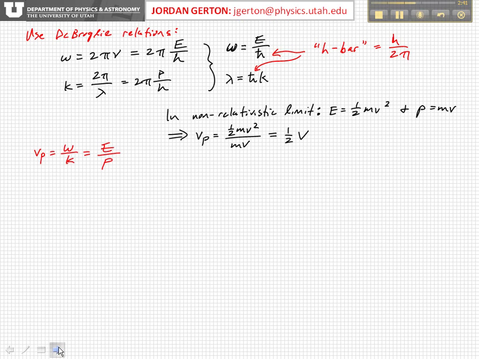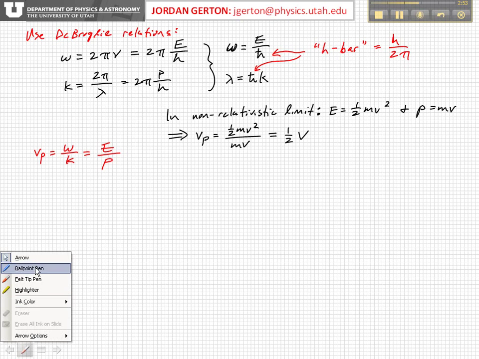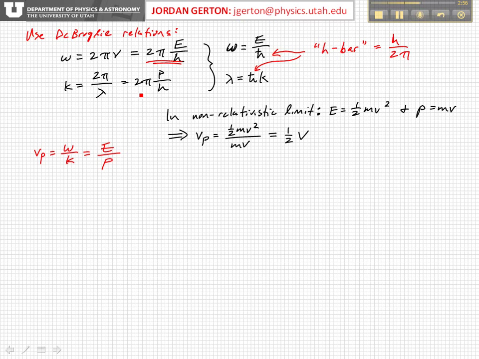So now what we see is that the phase velocity is equal to omega over k, and if we use these relationships for omega and k, we find that the phase velocity is equal to the energy divided by the momentum.